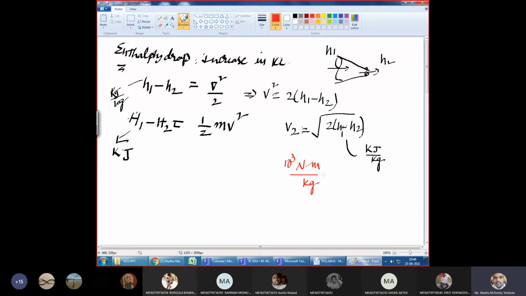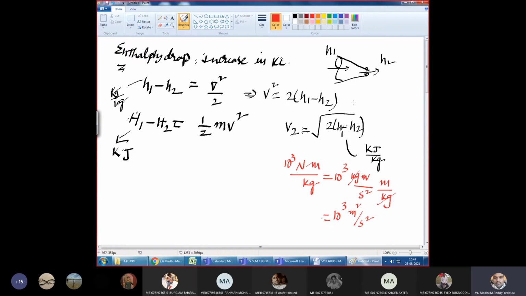Newton can be written as kg meter per second square. The kg cancel, and you are left with 10 power 3 meter square per second square, within the root.